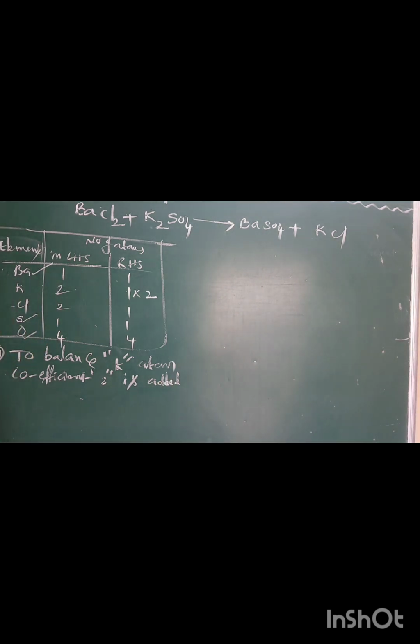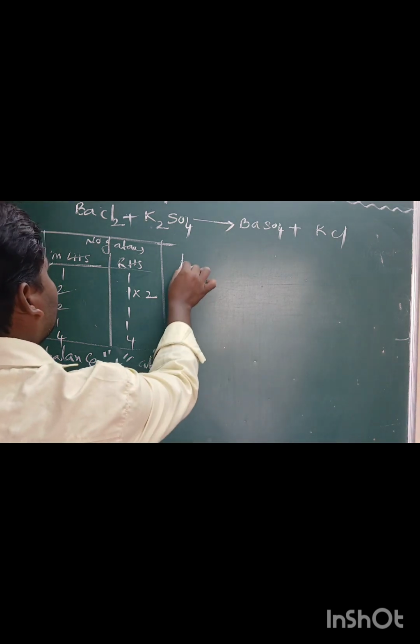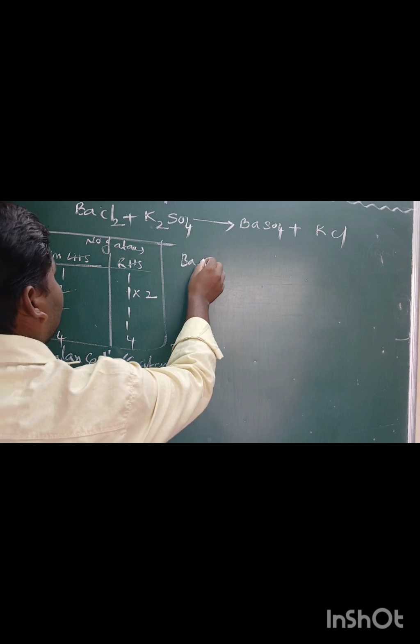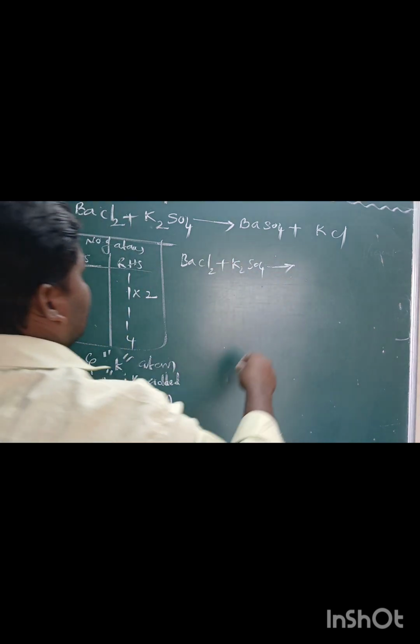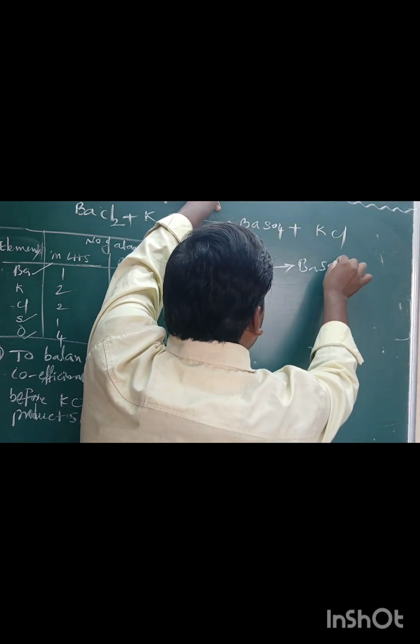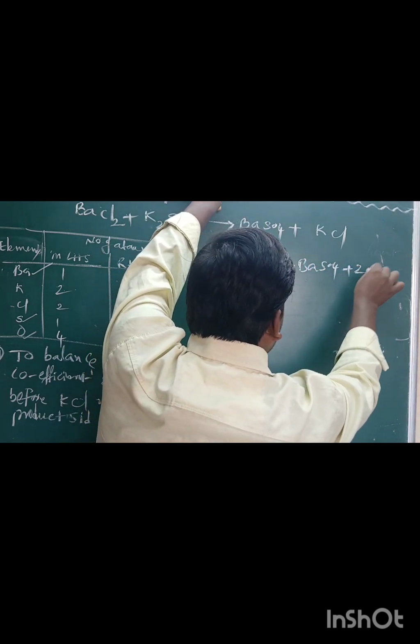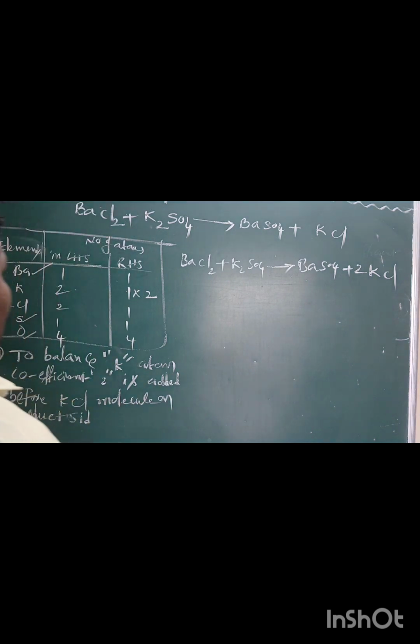Coefficient 2 is added before the KCl molecule on the product side. Here is the equation: barium chloride plus K2SO4 gives rise to BaSO4 plus 2 KCl.